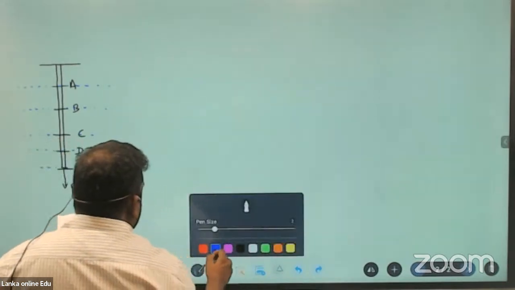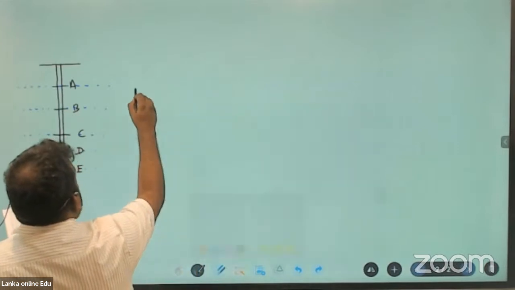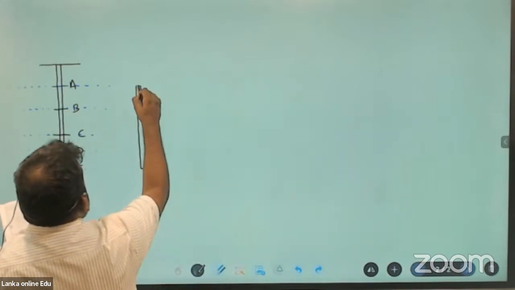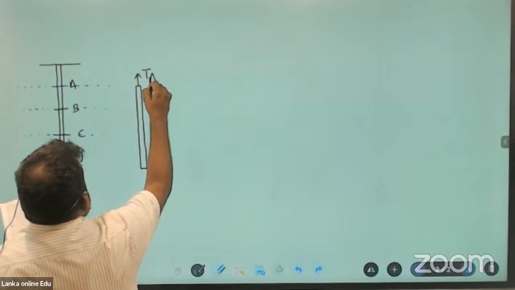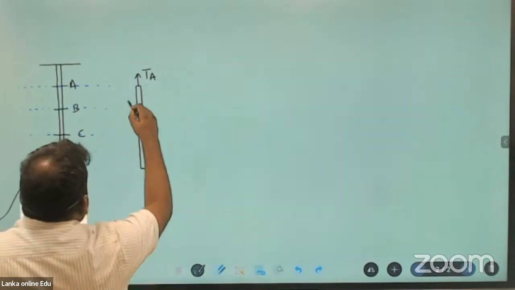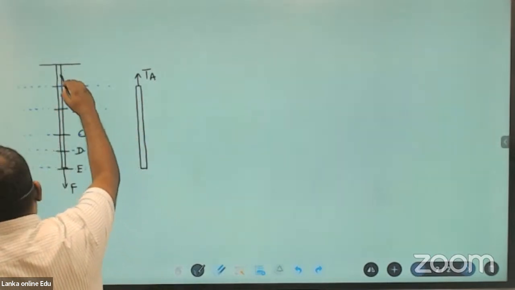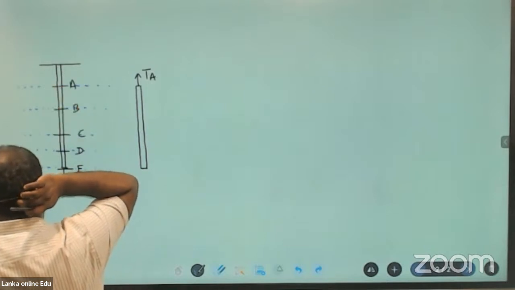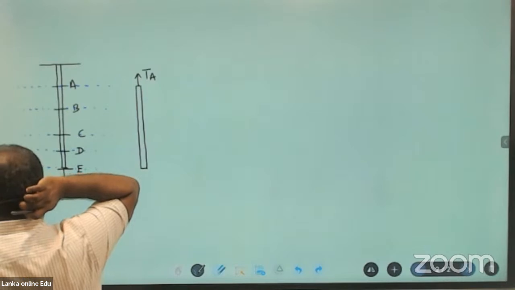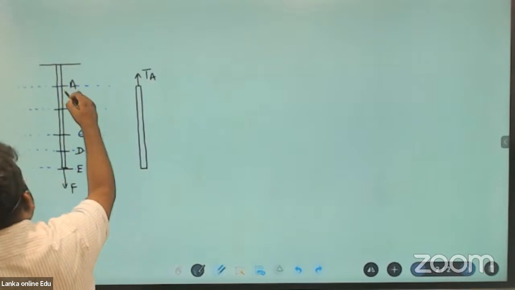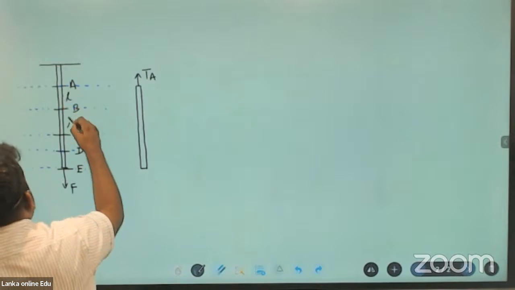If you take this, here you have tension at A. Then the total weight of each of these sections, AB, BC, CD, DE, all of equal lengths.